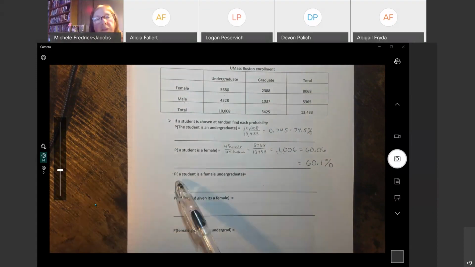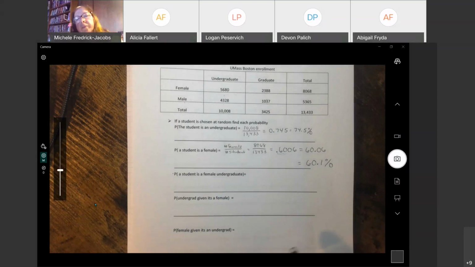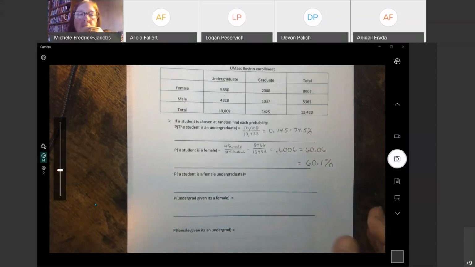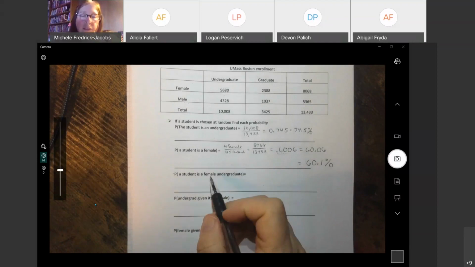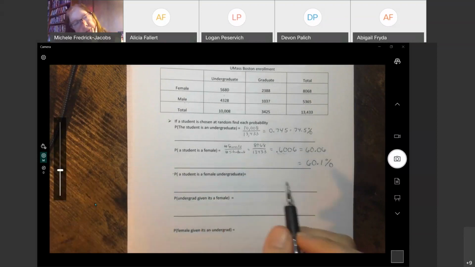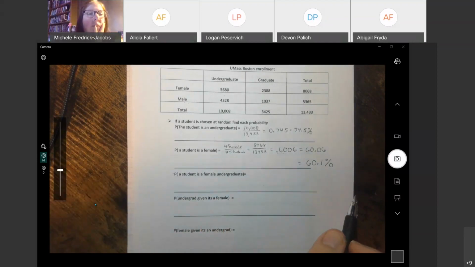The next one, student is a female undergraduate. So this would be, she's a female and an undergraduate.